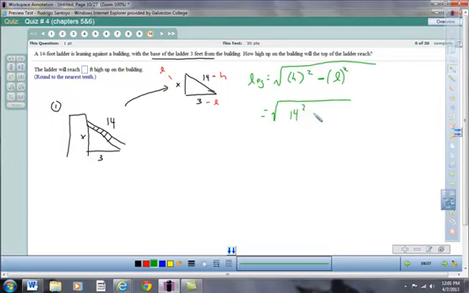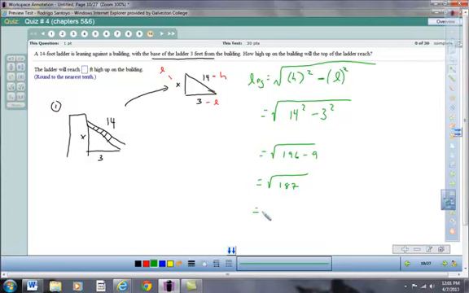So we have 14 squared minus 3 squared. So we do 14 times 14 gives us a solution of 196. 3 squared is just 9. 3 times 3, right? 196 minus 9 gives us a solution of 187. And now we're just going to take the square root of 187.